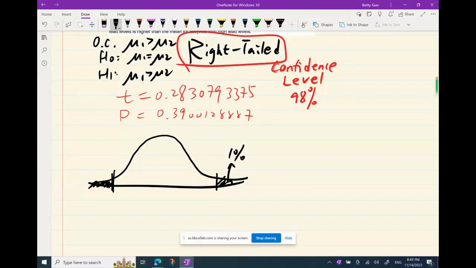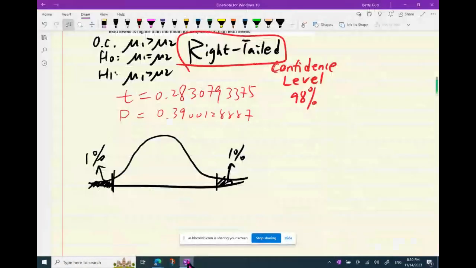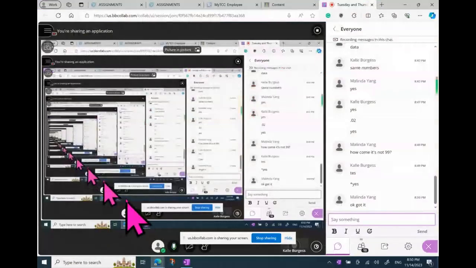We have to make it symmetric, so the left side also has a 1% critical region. It's a one-tail t-test, so we have 1% here, but since we are using a confidence interval, which is symmetric, we have to have 1% here as well. So the confidence part is only 98%. Melinda, you understand that? Awesome.